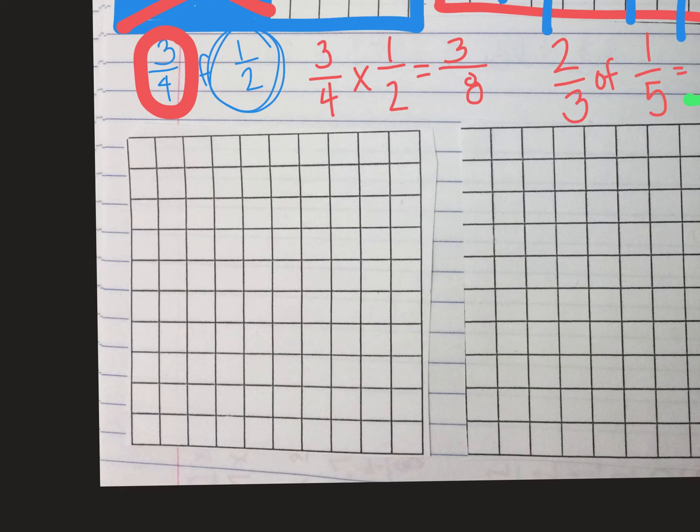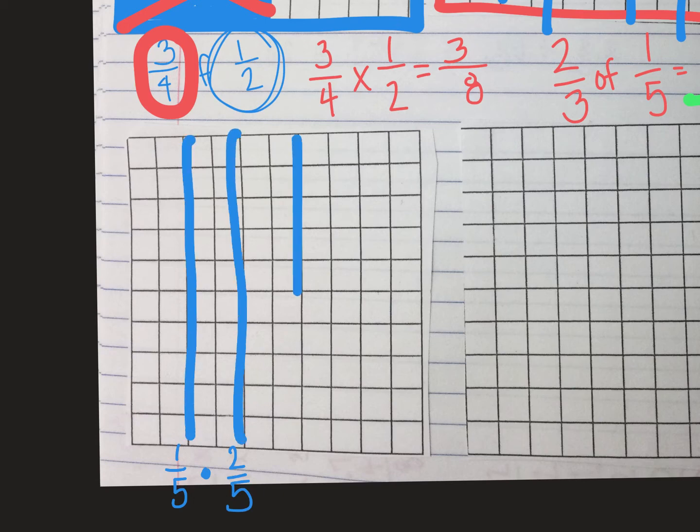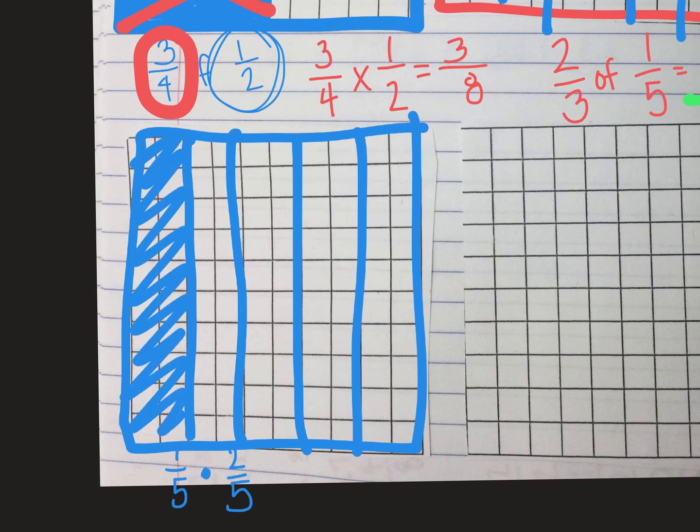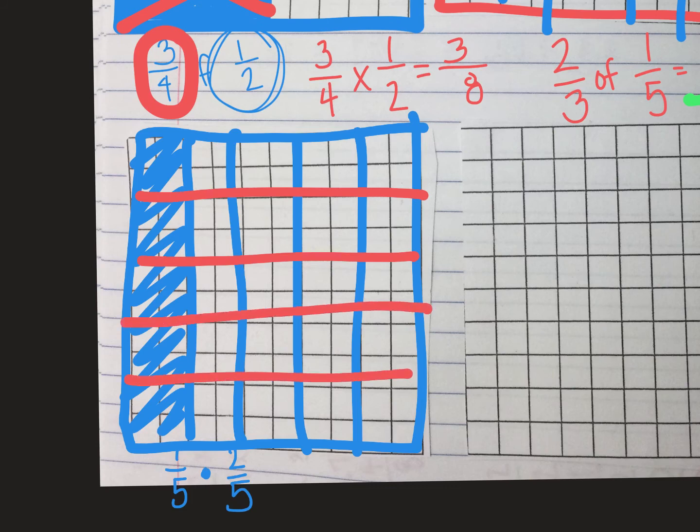Okay, let's do another one. This is going to be 1/5 times 2/5. So I'm going to separate into fifths. 1, 2, 3, 4. Lines down. I have 1/5 going this way, and 1, 2, 3, 4.